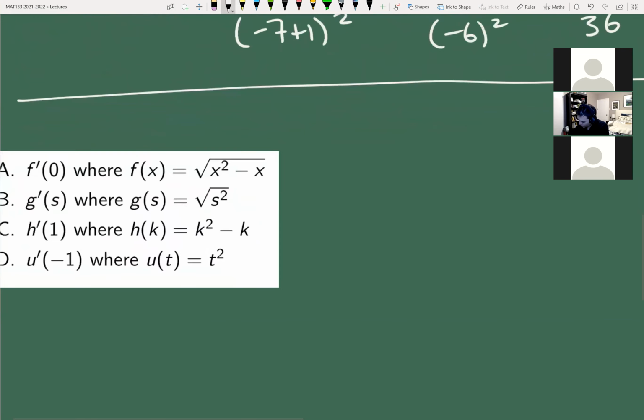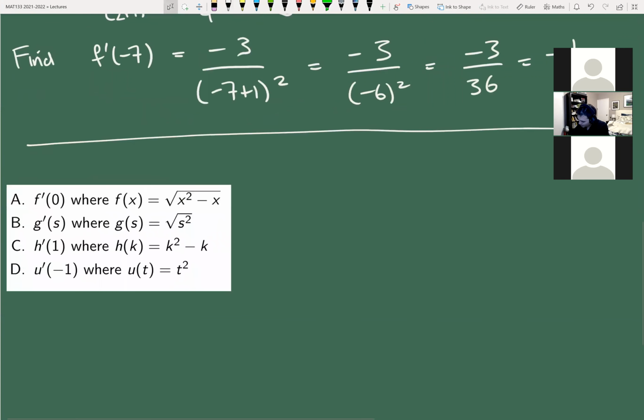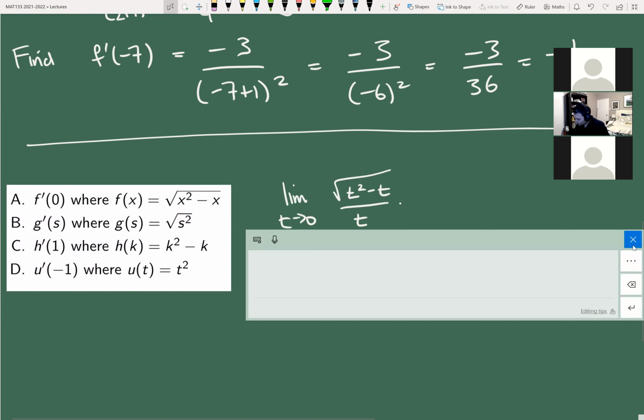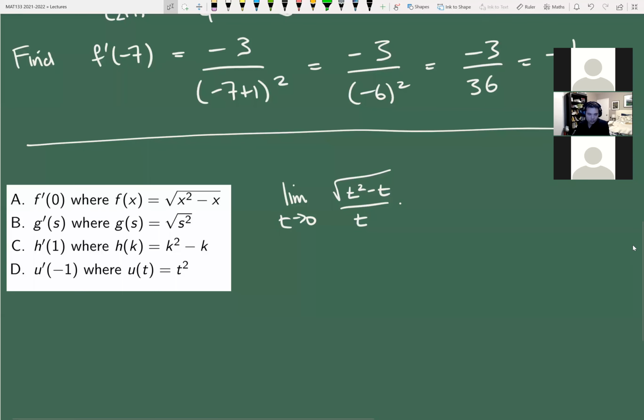So let's zoom in. Okay, so we were asked, right? This is the limit that we were given. So we were given the limit as t approaches 0 of the square root of t squared minus t, divided by t, like that. Okay, so if we wanted to, we could legitimately just go through every example of this and write down the corresponding limits.